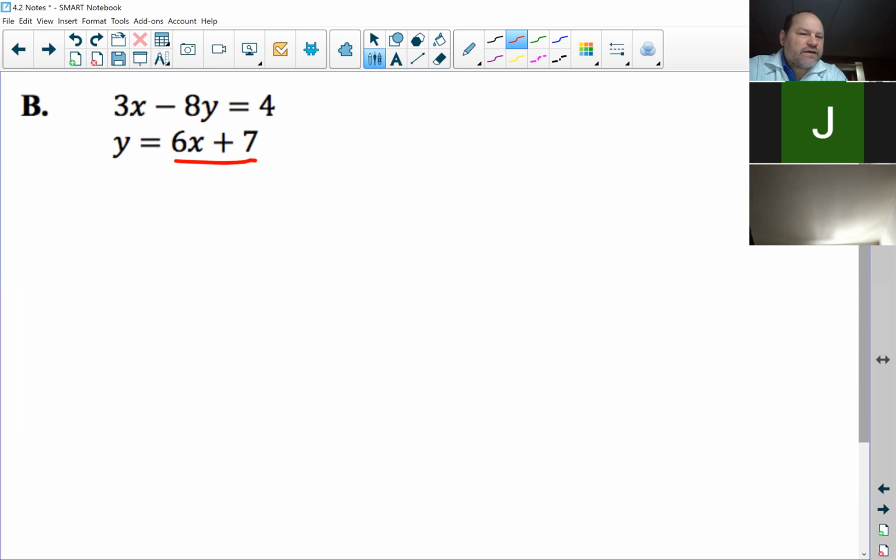So I can take 6x plus 7 and substitute that for y, because that is what y is equal to. So I take that first equation, I write everything the same except instead of y, I'm going to replace that with 6x plus 7, because that's what y is equal to.